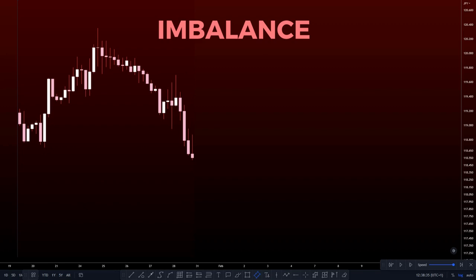We can spot imbalance when looking at a chart, as it will show in the form of long candles and market gaps. Now, due to the sheer size of the markets that we trade, these large candles are usually the result of a block of orders being placed into the market by a large financial institution.